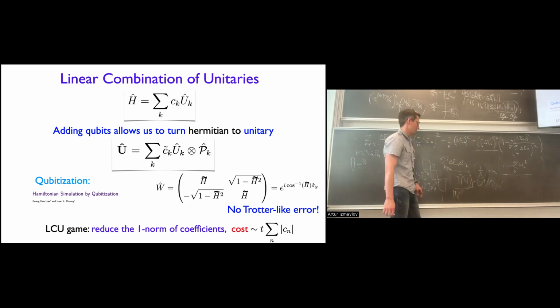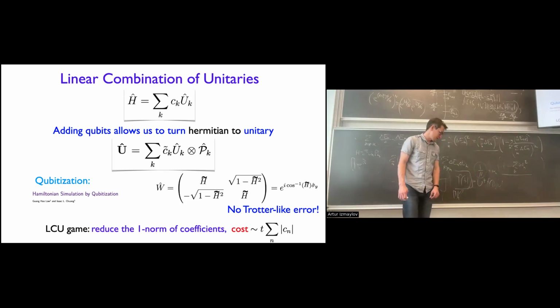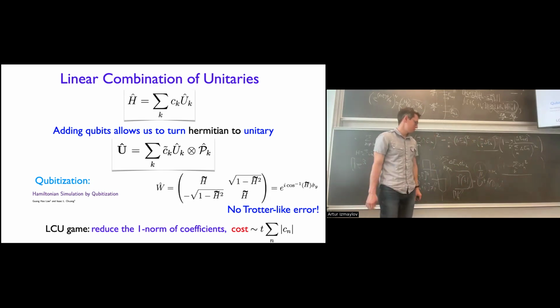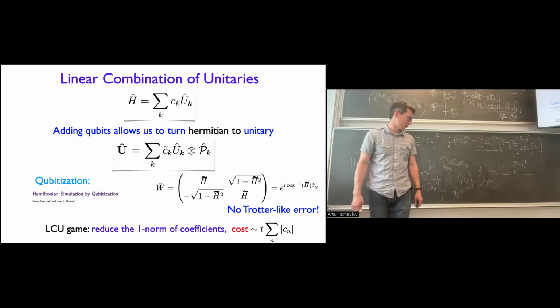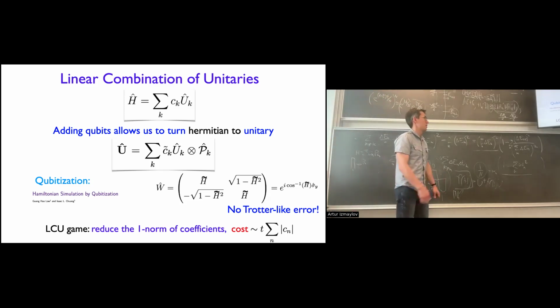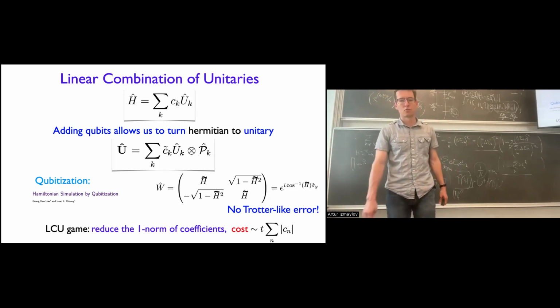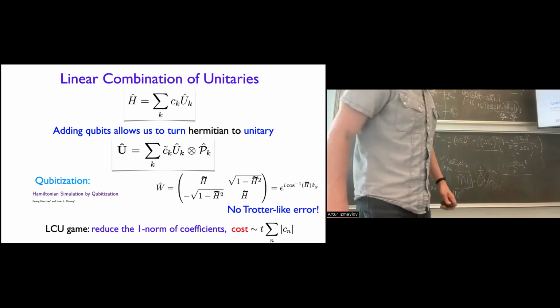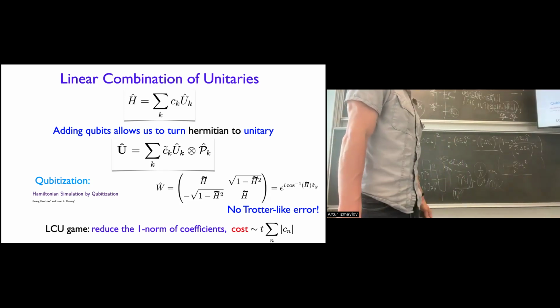Even if f of H is a unitary operator, breaking it down into simpler unitaries is a non-trivial task in general. Trotter is definitely one way to go, but it is always going to be approximate. This LCU method that we'll be talking about tomorrow has no error.